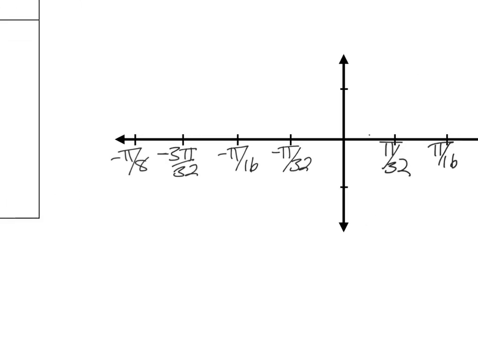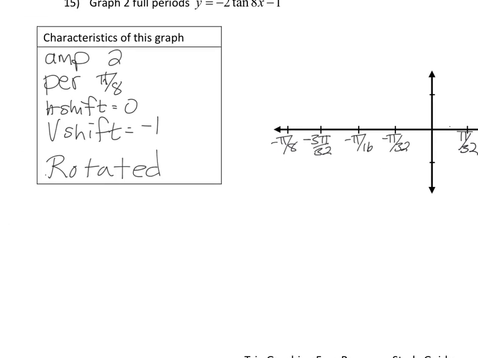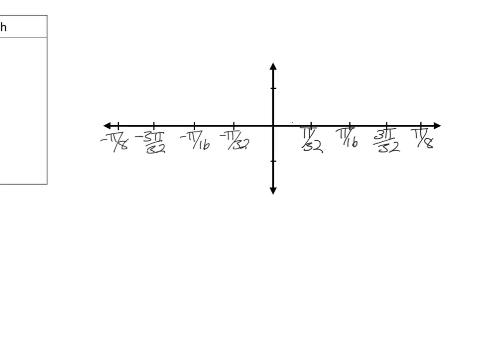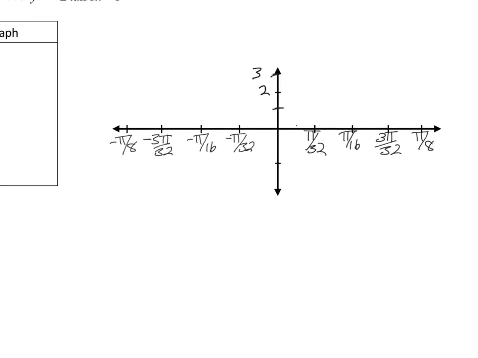Now my amplitude was 2. Okay, and we have a vertical shift of -1. I don't want it to drop too far. So what I'm going to do is make that 1, 2, 3. And -1, -2, -3.